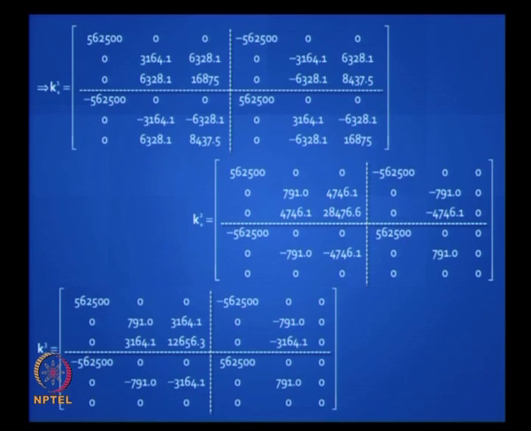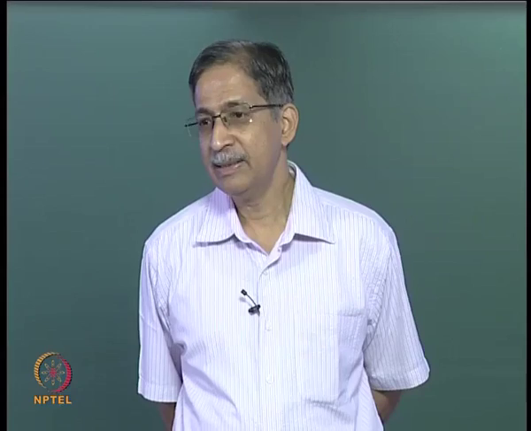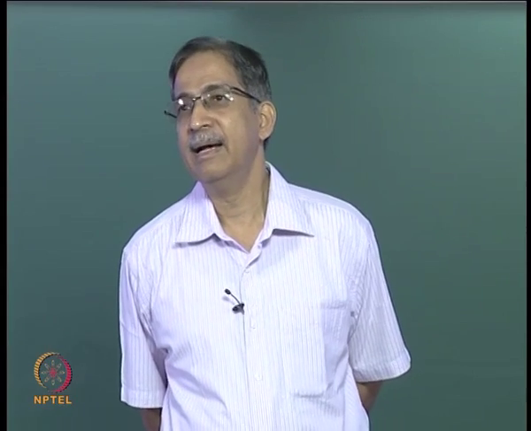You have EA by L for your actual degree of freedom, and you will find that for element 2 the 6th degree of freedom, that means the 6th row and the 6th column, will become made up of zeros, right, and you need to modify the 4 EI by L to 3 EI by L and so on, okay.